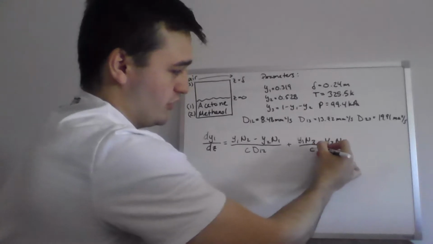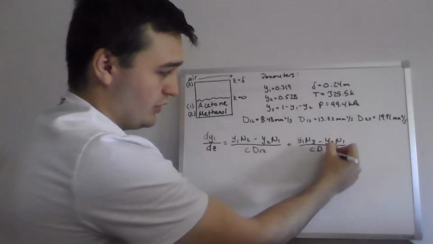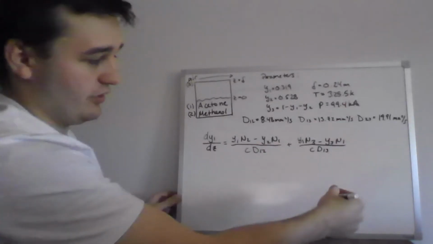And again, that's over the concentration times, and this time it's the Stefan-Maxwell diffusion coefficient between components 1 and 3.